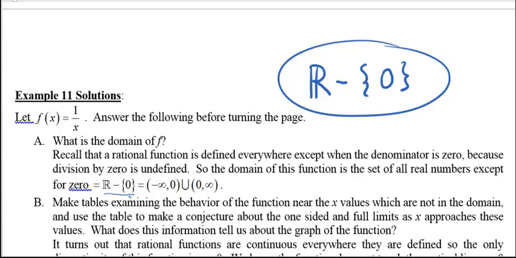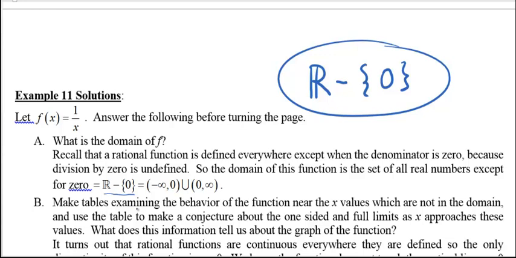If you did it in interval notation, you'd have to go from forever left, negative infinity, up to 0, union 0 to infinity. Notice there are round parentheses everywhere, so of course we never include infinity or negative infinity, but we don't include 0 in this particular case either. So the domain is everything except for 0.